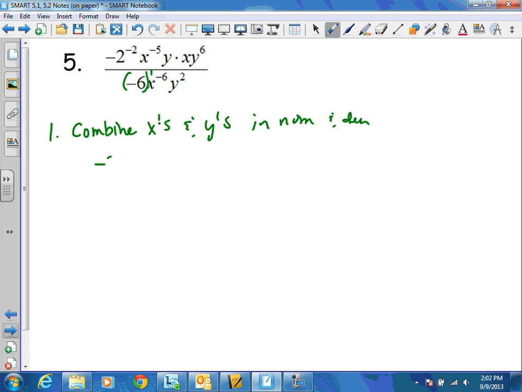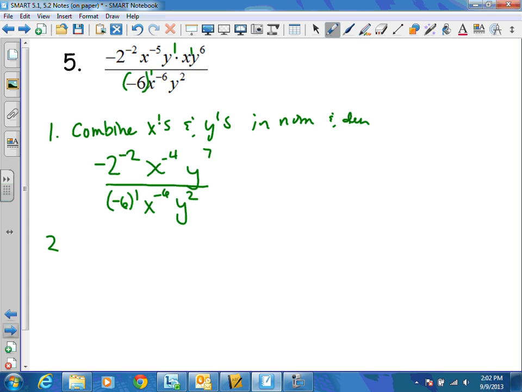So that's negative 2 to the negative 2, x to the negative 4, and y to the 7, over negative 6 to the first, x to the negative 6, y squared.